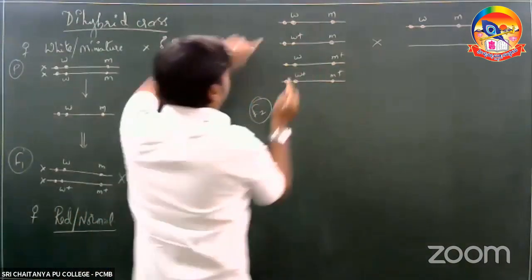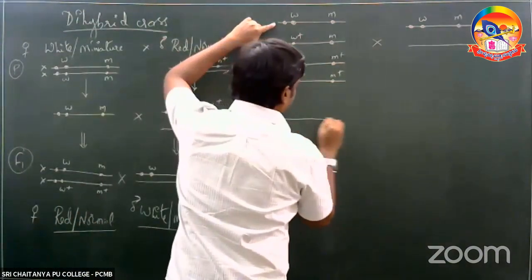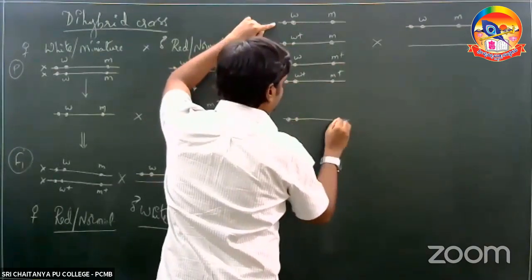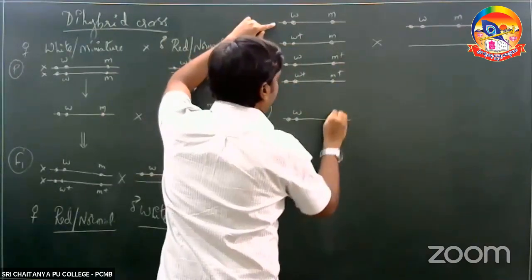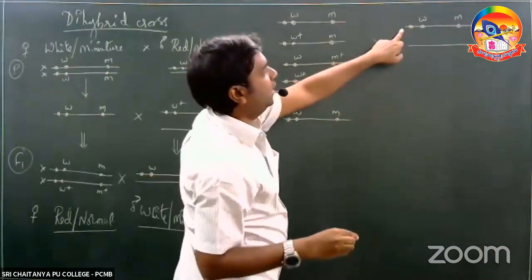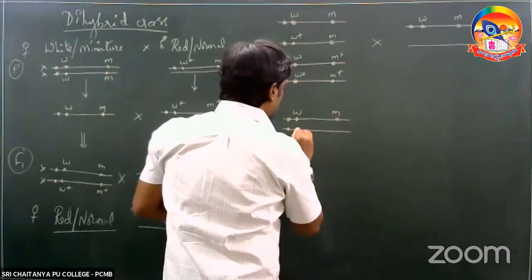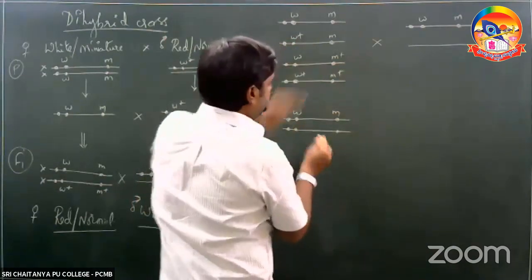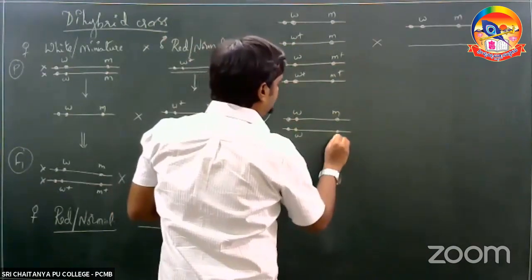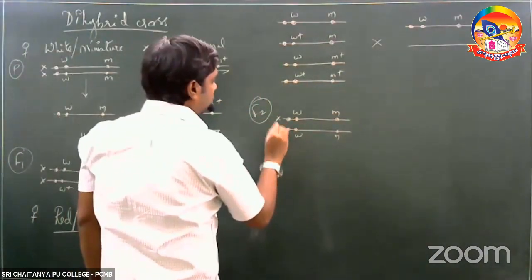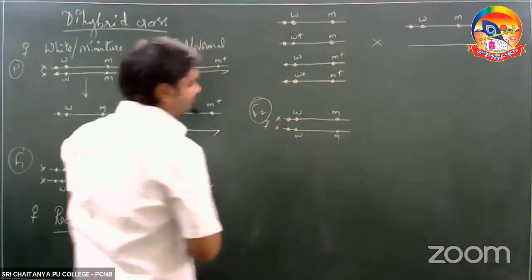Again, first, the X chromosome of the female gamete having W and M would be fused with the X chromosome of the male. The alleles present in the male are again W and M. So this is the first offspring obtained, with 2 X chromosomes, so this would be a female individual.